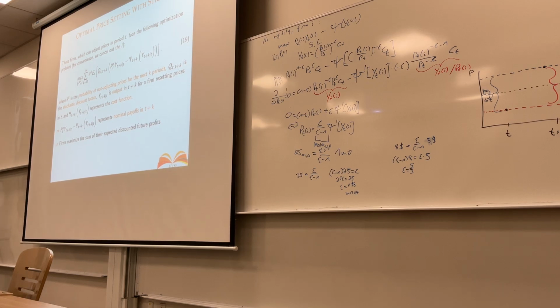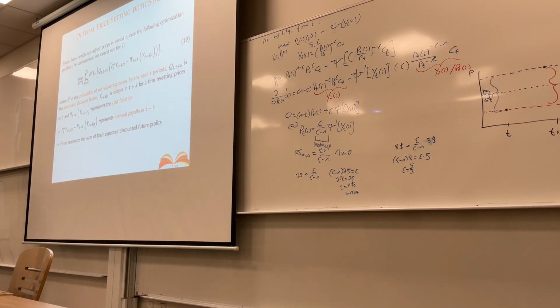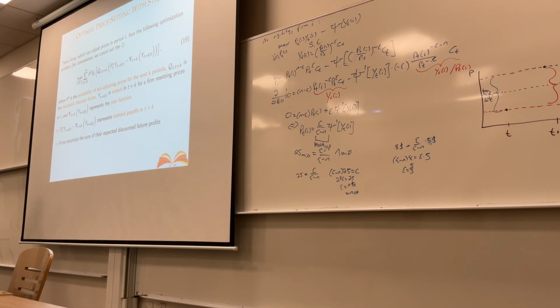Okay, and now if you look more closely, wait a second, this isn't just different profit functions, it's the notation here. We're choosing a price today, P_t star, the price today that we are hypothetically going to be stuck with k periods out. And we're then multiplying it with the revenue that we would expect in k periods, conditional on us having last chosen our price in this period t.